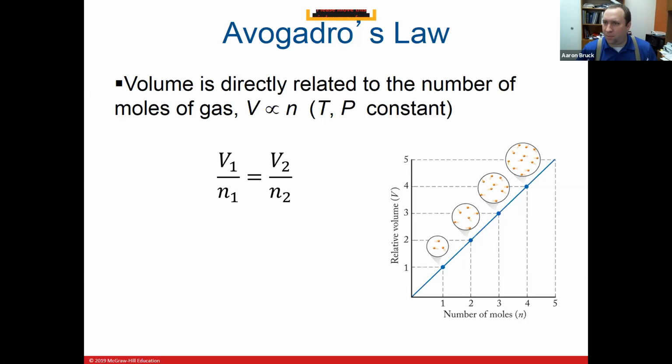And again, this should make sense. Anyone who's blown up a balloon, as you add more gas into the balloon, it expands and expands and expands. So no shock at all that this is a direct relationship. And so as the number of gas molecules increases, the volume increases as well.